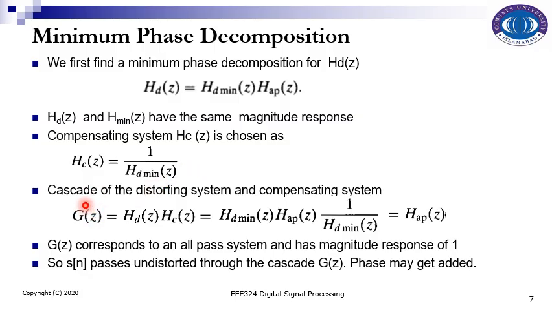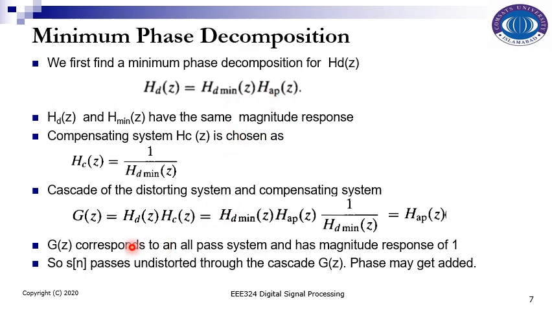And then we cascade the distorting system and compensating system to model our signal passing through both of these systems. And then we have our G of Z as HD of Z into HC of Z, because they are in cascade. But HD of Z, the system which distorts the signal, we have represented in this form as a minimum phase decomposition.